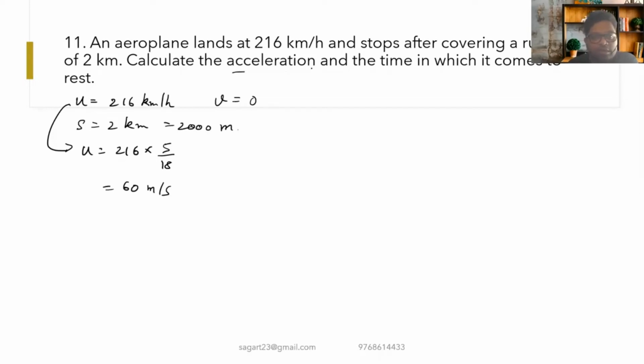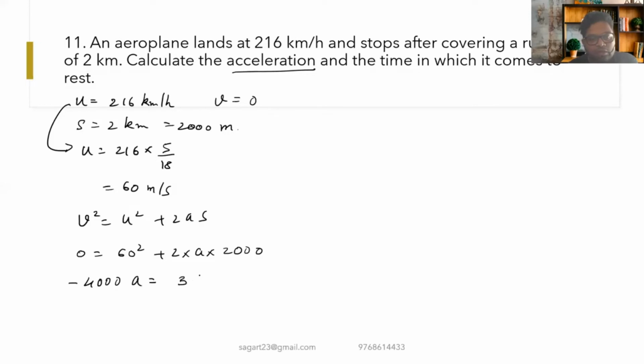So we want acceleration. So we have v square is u square plus 2as. So this is 0 and this is 60 square and 2 into a into 2000. So this will be negative 4000a and this will be 3600.